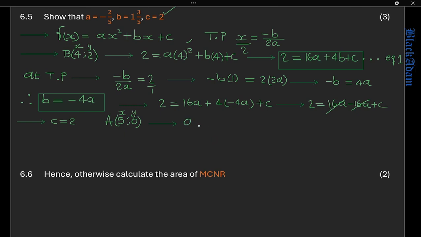So 0 equals a bracket 5 squared plus b bracket 5 plus c. From there we simplify: 0 equals 25a plus 5b.